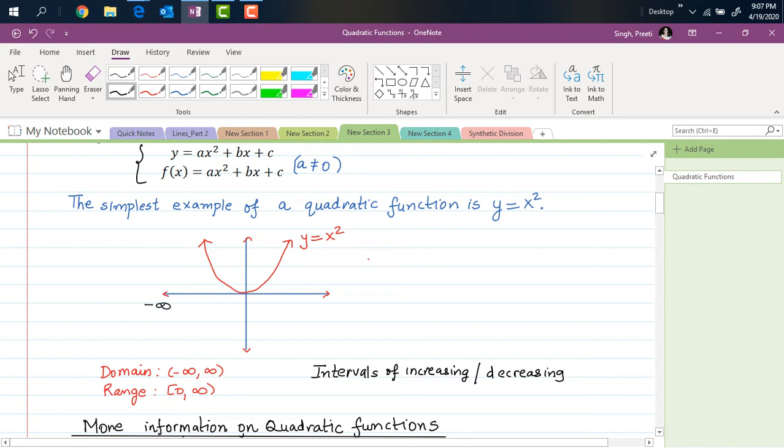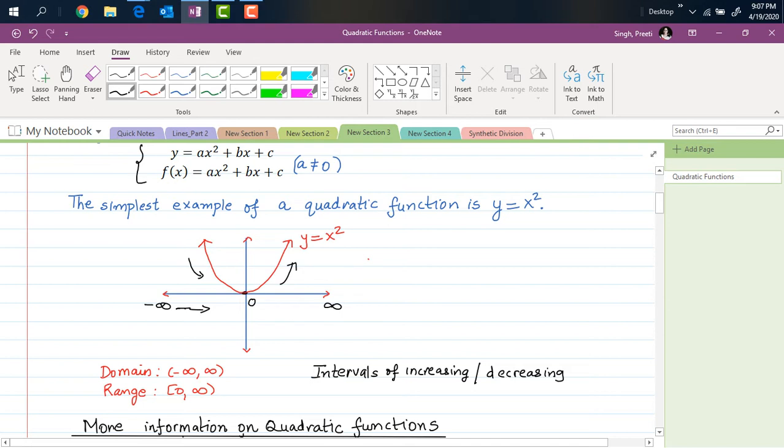So if this is my negative infinity and here is my positive infinity, if I start moving in this direction, as you can see, I'm moving from left to right, but my function is coming down up till this point, which is 0. So the function is going down right here and going up right here after 0. 0 is kind of a break point.